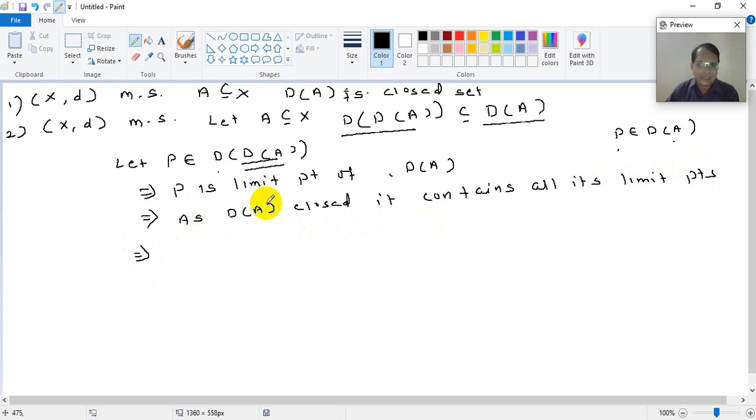What does it mean? If P is a limit point of DA, then P belongs to DA. P belongs to DA, right? So that is what we want to prove.